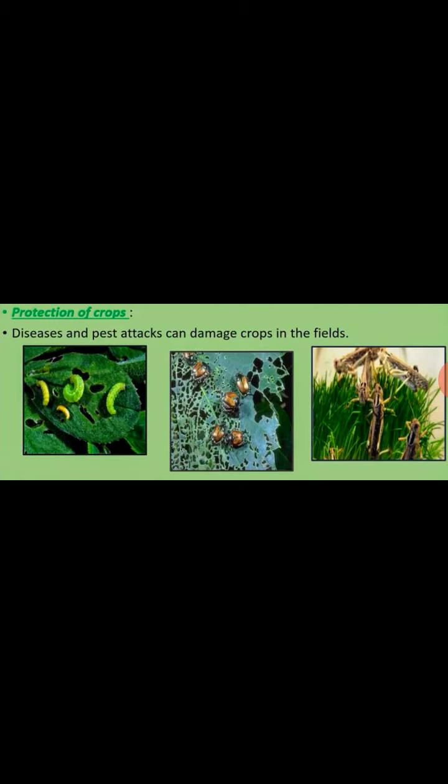As you can see in the picture, when insects, pests and birds attack, all the crops get damaged, and then the farmer gets less income. So students, we need to protect the crops from being infected by pest attacks, insects, and also by birds.